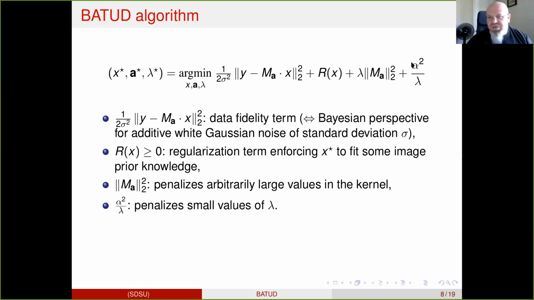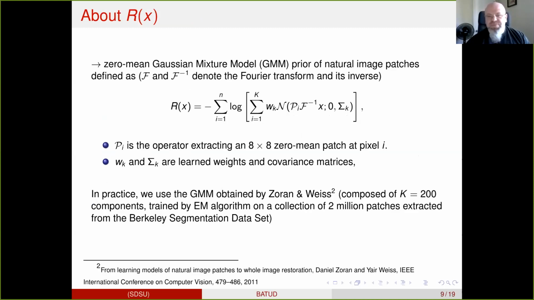So basically, you can consider that alpha is known, and there's no need to change it. So at the end of the day, we can actually minimize this whole quantity with respect to x, the clean image, A, which are the parameters for the Fried kernel, and lambda, which is this regularization parameter here. So now about my regularization term R of x.